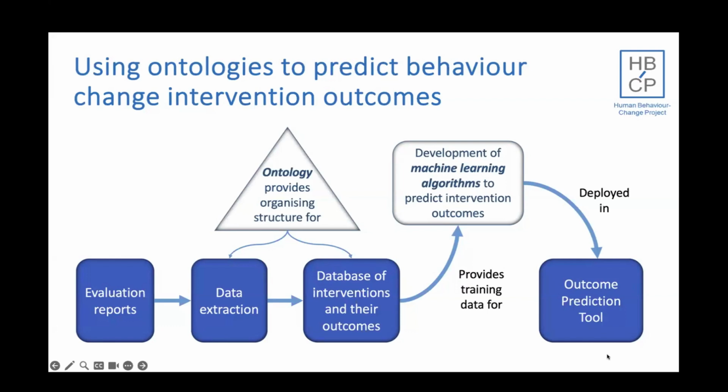So we have our evaluation reports, we extract data, we organize it with the ontology to produce a database that then we can develop machine learning and algorithms that then can predict intervention outcomes. And the prediction tool will be demonstrated by Robert West at the end.